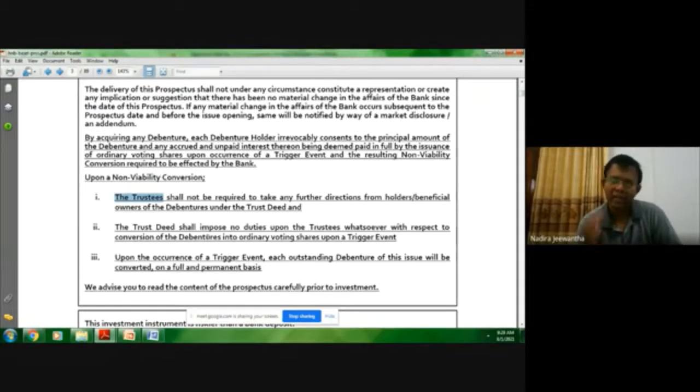Coupon payments are given away. If something goes wrong, you have to tell not the HNB but the trustee. Investors' interest will be protected by the trustee.